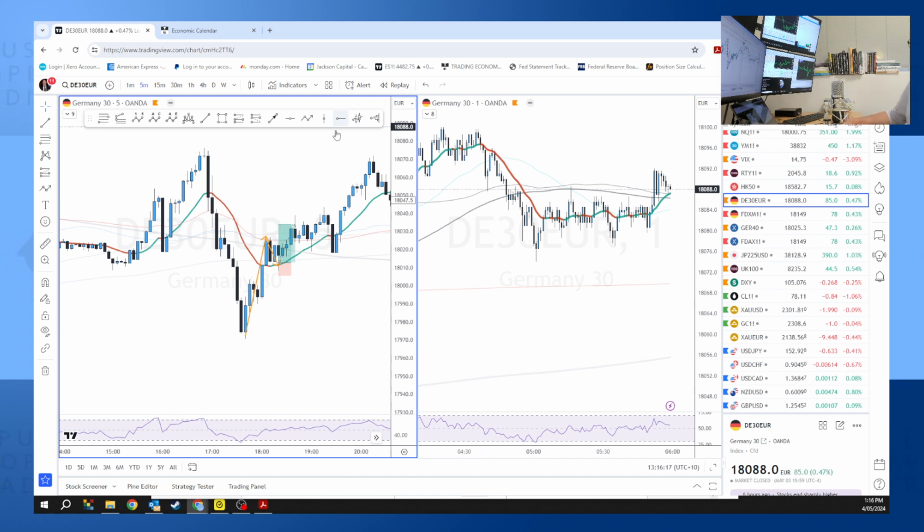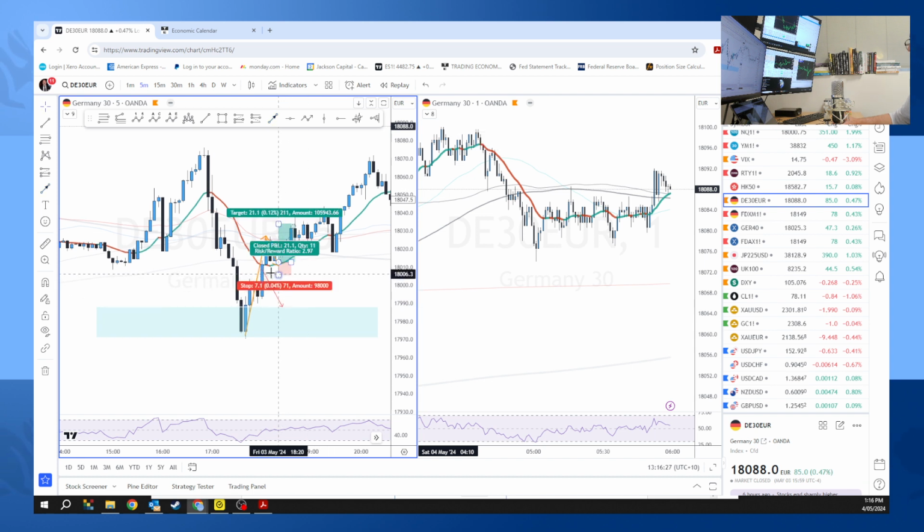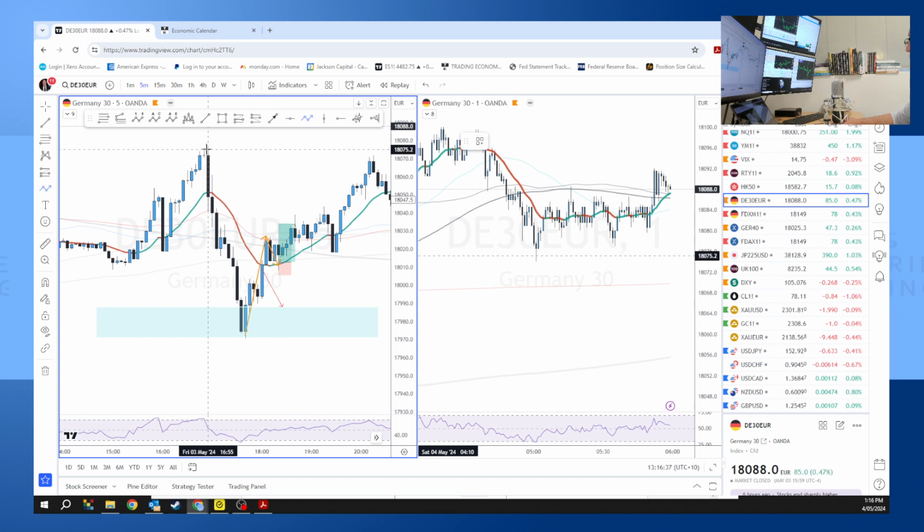If we do have a 4-hour SR level here, then we probably won't want to be going short on this retest of it. Typically, and this is something I discussed recently in our live trading sessions, and I did it with Ash on Friday, once we've moved a significant amount, you've exhausted all of the sellers.